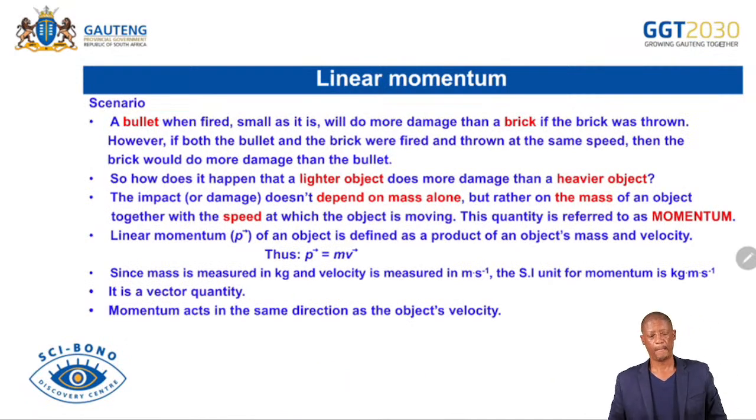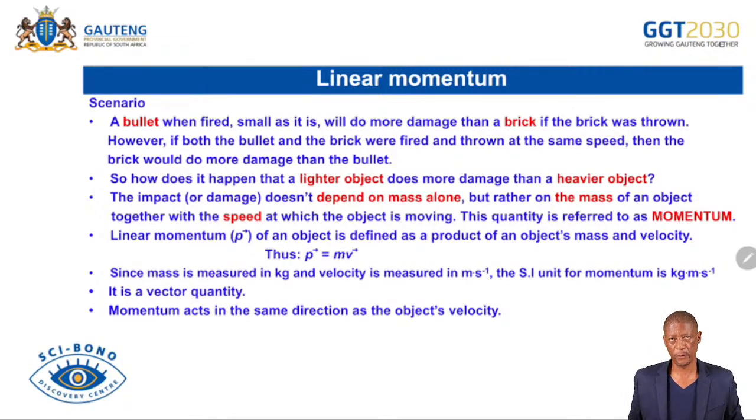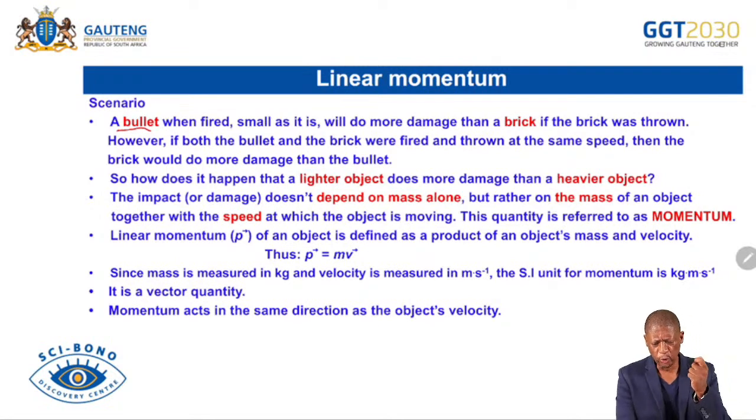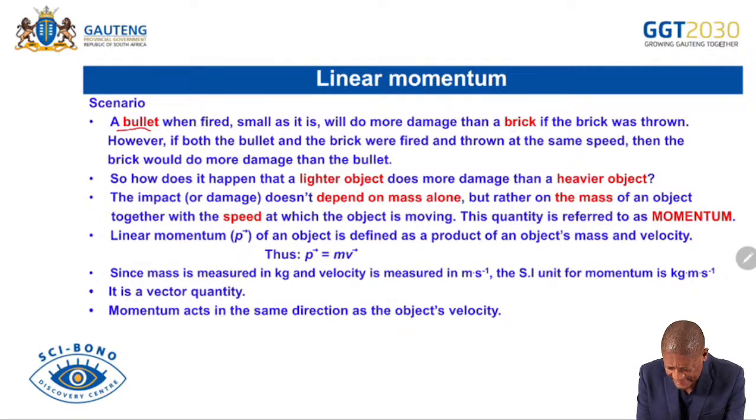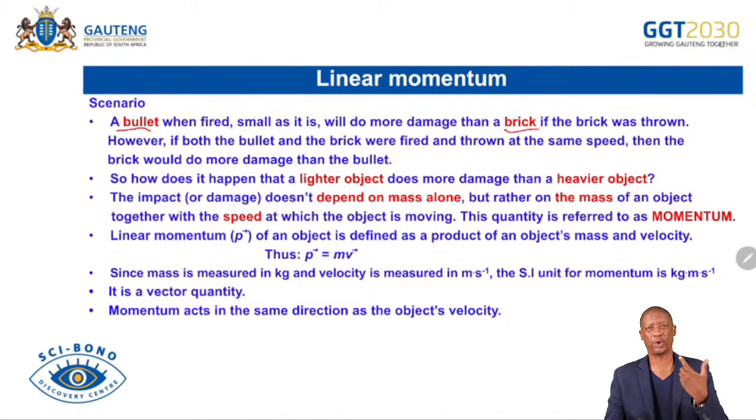Now, I want to take this scenario with you so that we understand the background of momentum. The scenario says a bullet, I'm going to talk about a bullet when fired, as small as it is, it will do more damage than a brick if the brick was thrown.